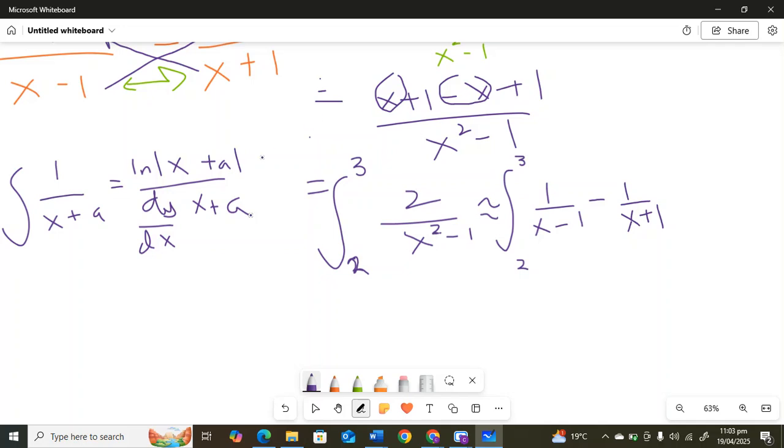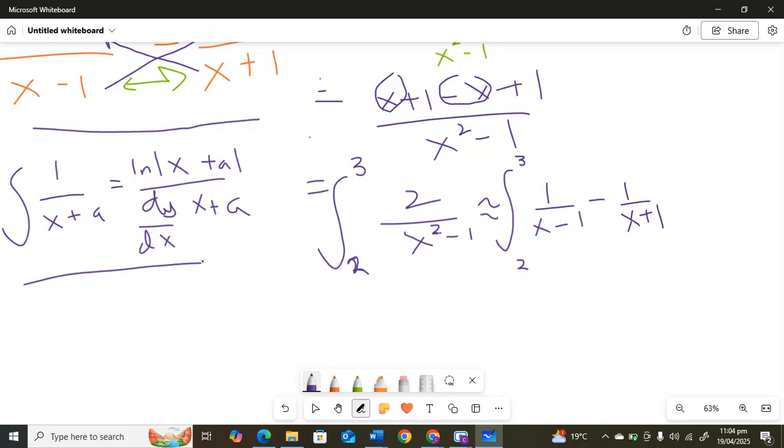Whenever you have a fraction, especially for a linear factor, where the x is to the power 1, you can apply this rule for integration. You cannot use substitution.